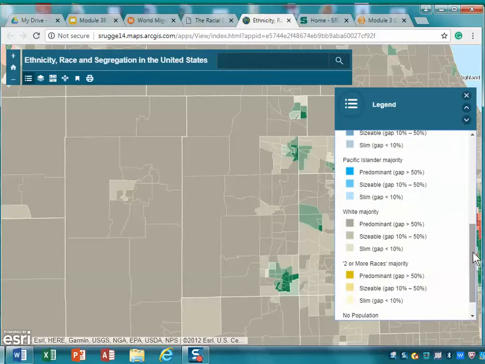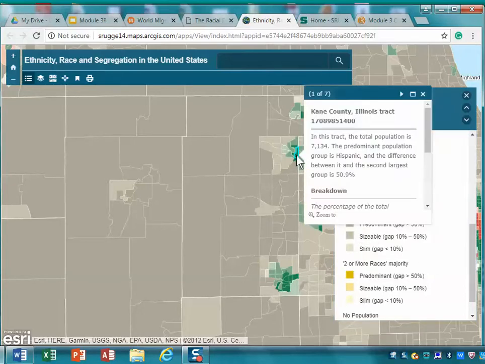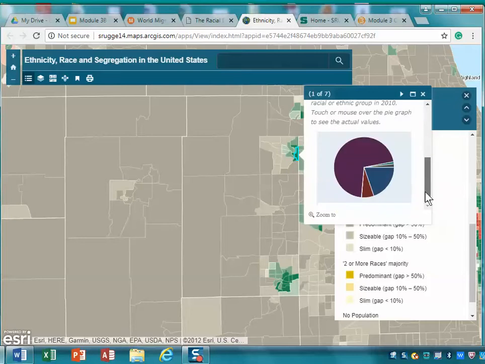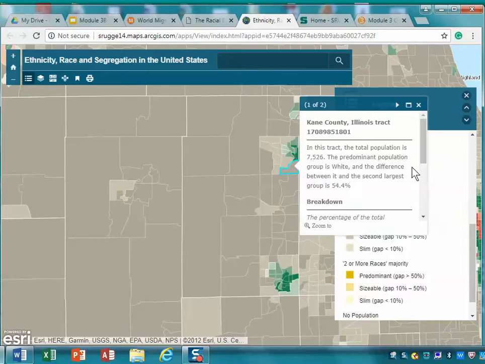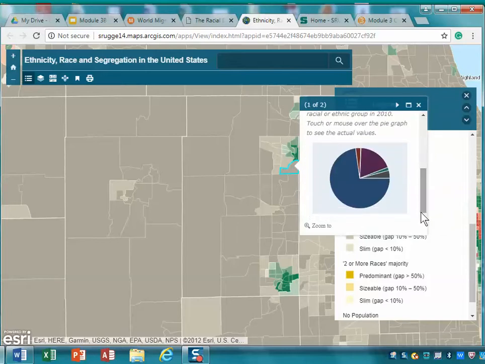In other words, if you see two or more races, that means these are areas where there's lack of dominance. And what you'll notice, at least in this area, is that there aren't areas that are fairly mixed. If I look at this area right here, this is a neighborhood that's predominantly Hispanic, and then immediately next to it, it changes to predominantly white.